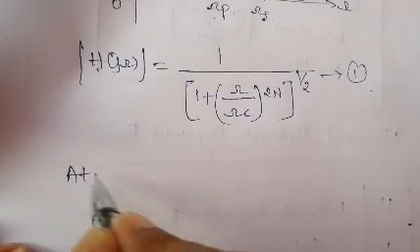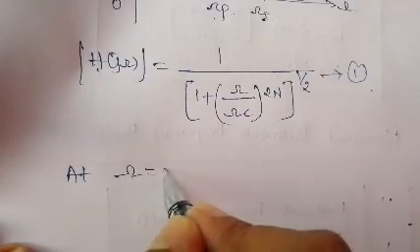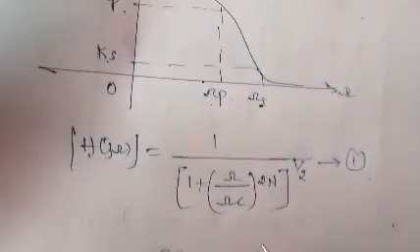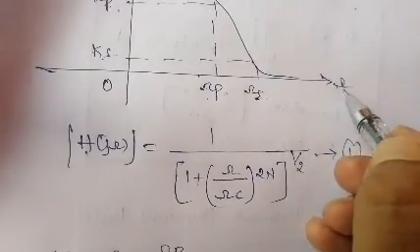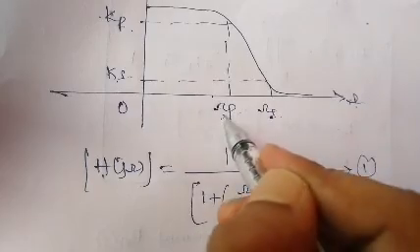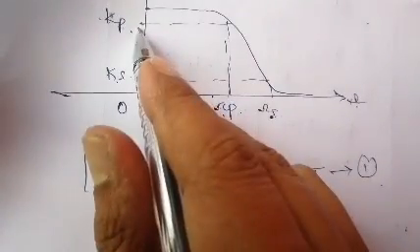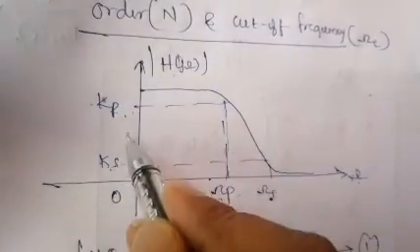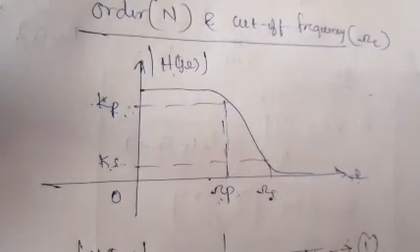First case: if the given frequency is equal to the pass band edge frequency, that is, omega equal to omega p, then what will be the gain? The gain becomes Kp. H of j omega, the magnitude, becomes Kp. It is very simple.